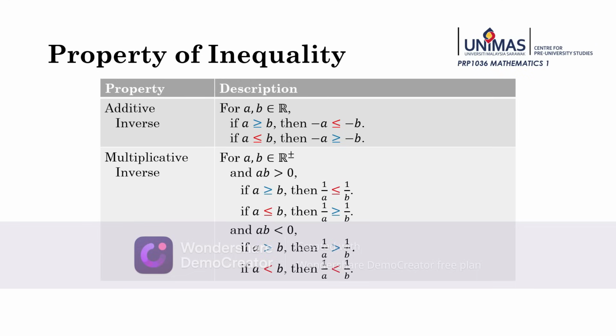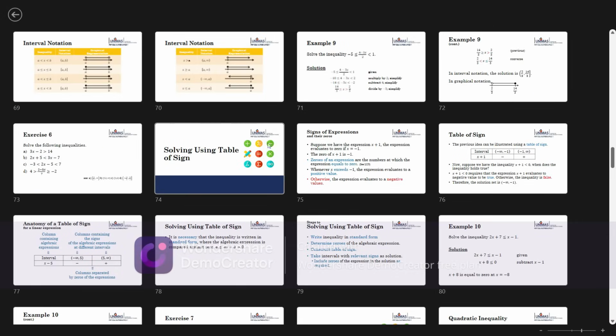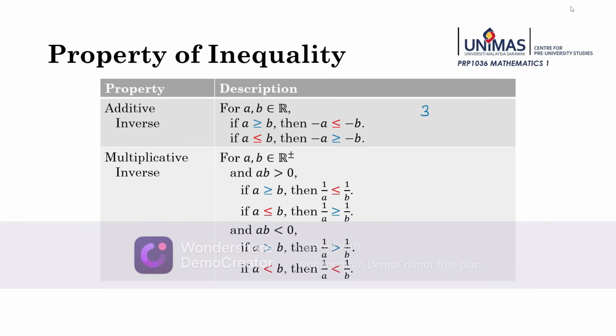Okay, so additive inverse. If you multiply with negative 1, something like the multiplication. So if you have 3 greater than or equal to 2, if you multiply with negative 1, you get negative 3 and negative 2.